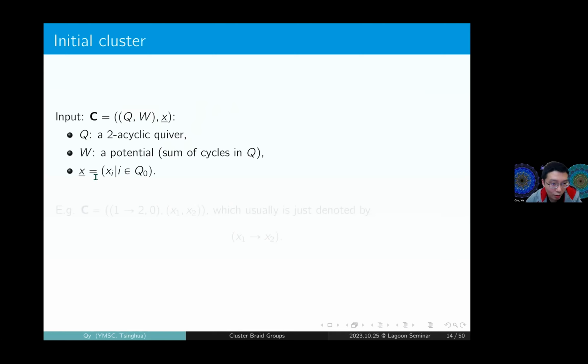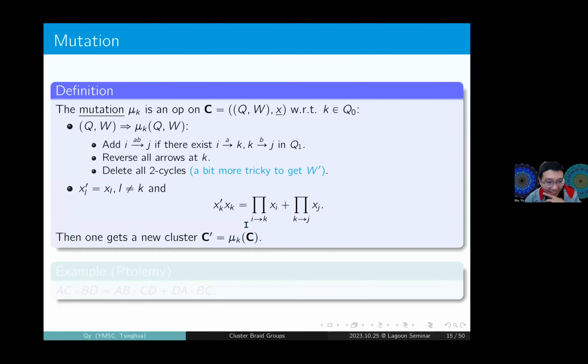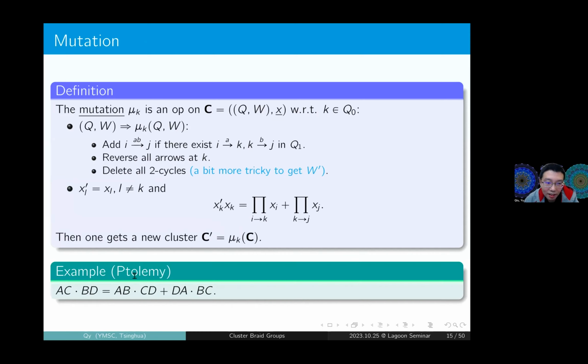When you start, you give each vertex a variable, and you can mutate. The mutation formula, I will just go very quickly here. So you have some combinatorial rule about how you mutate at a vertex. So you need to reverse the arrows at that vertex, add something, delete the 2-cycles, and the variable changes using a kind of generalized Ptolemy relation.